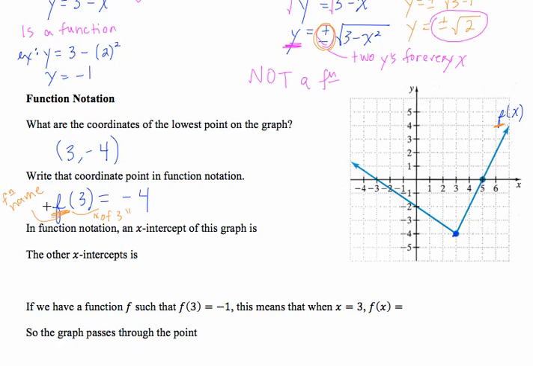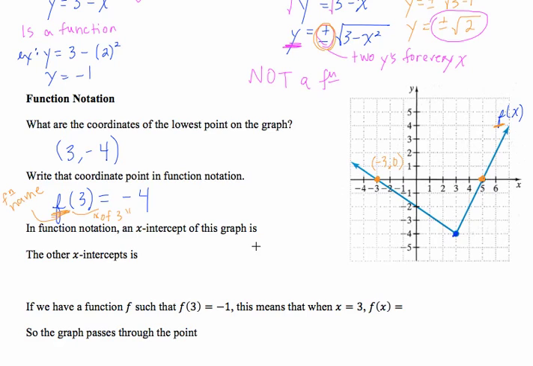Okay. So in function notation, let's look at a different point. One of the x-intercepts. Now x-intercepts are where the function crosses the x-axis. So that happens in 2 places on this graph. One is right here at -3. The other is right there at 5. So let's look at this -3 one. The coordinates of this point are -3 comma 0.